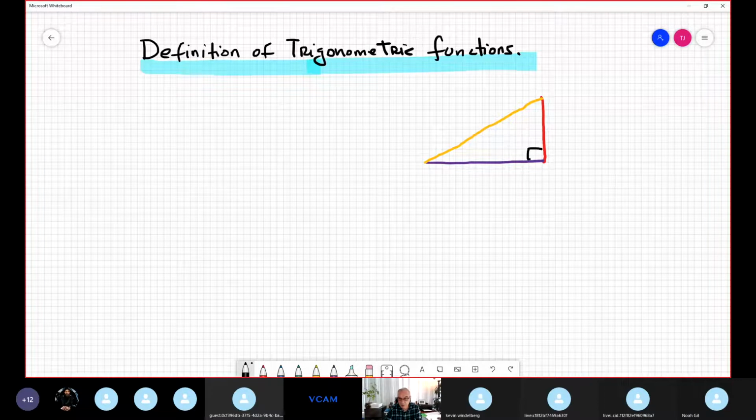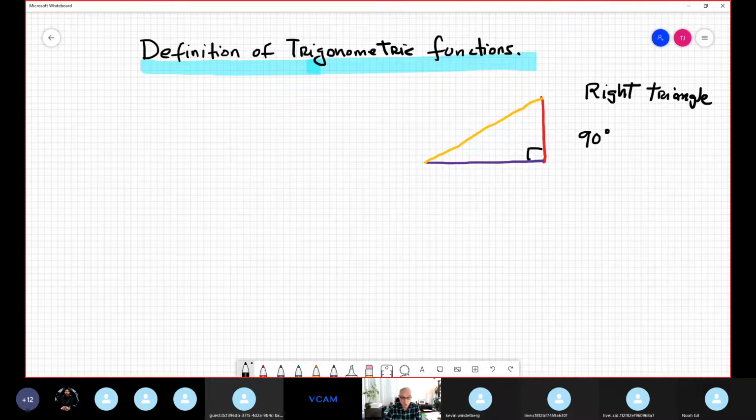This corner, this small square indicates 90 degrees. This is the right triangle. So far, any triangle is a right triangle. After, we complicate more, but so far it's okay. And this is my famous angle theta.